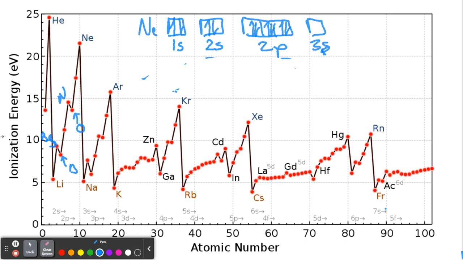It's got a completely full n equals 2 orbitals. So neon is very stable like that. It requires a lot of energy to remove neon's valence electron. Okay, so this really helps to explain these blips in ionization energy as you go through the periodic table.